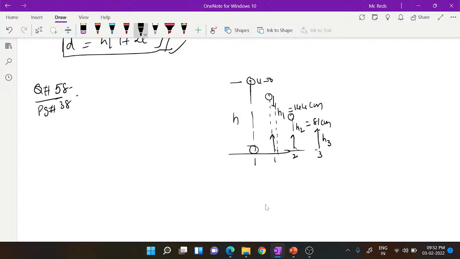Is it given on the second bounce? Yes. But you are asked to find the height it attains on the third bounce, h3. What is this, is the question.